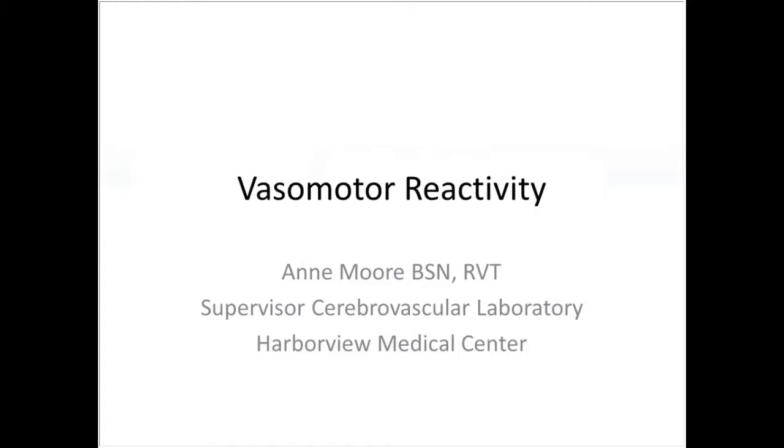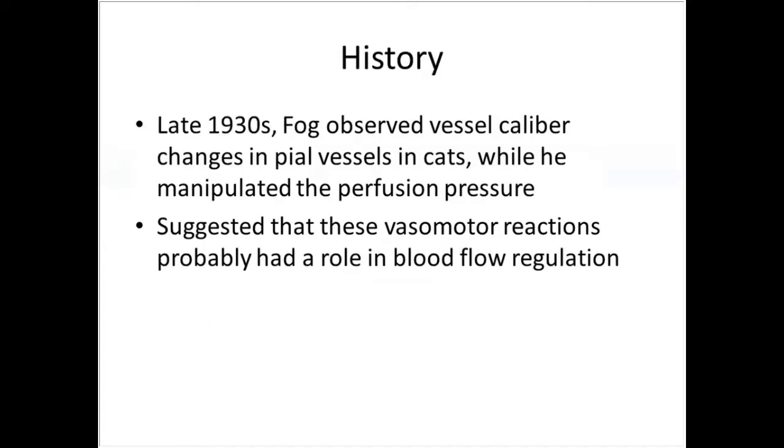So, in order to understand vasomotor reactivity testing, we need to understand the concept of cerebral autoregulation. Cerebral autoregulation was actually observed in the late 1930s by Fog, who observed vessel caliber changes in pial vessels in cats while he manipulated the perfusion pressures.